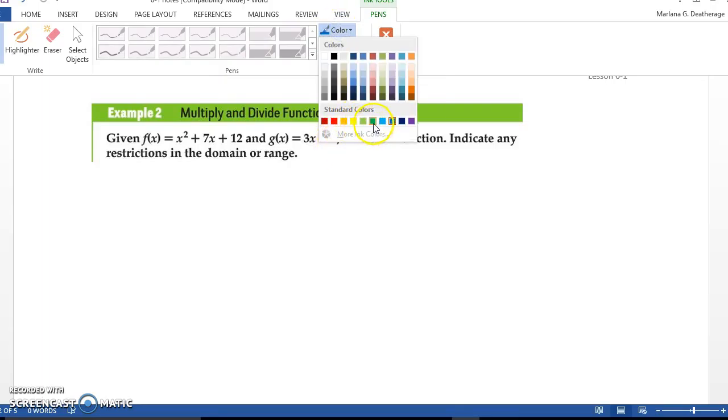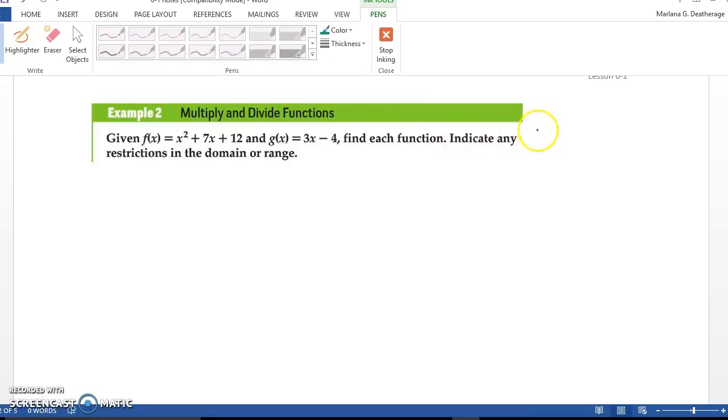I'm going to use green. What they want you to do is find f times g of x and find f over g of x.